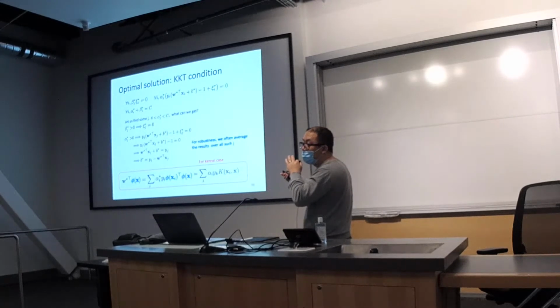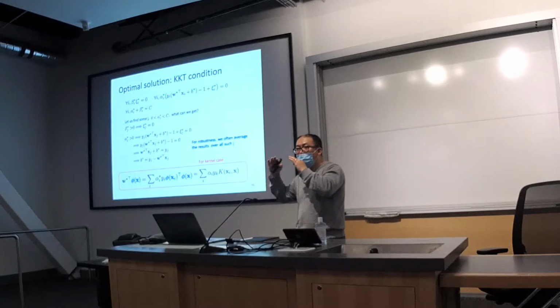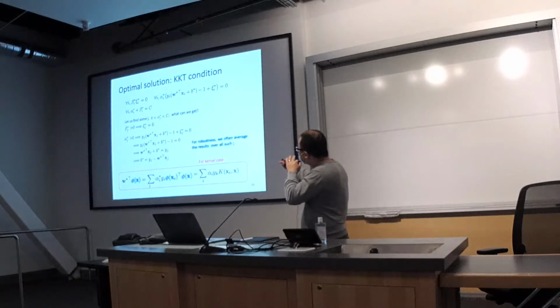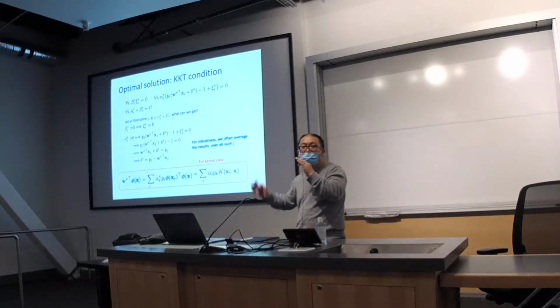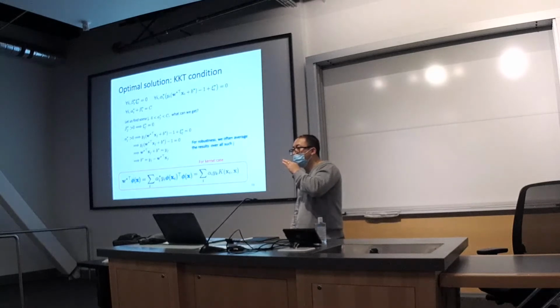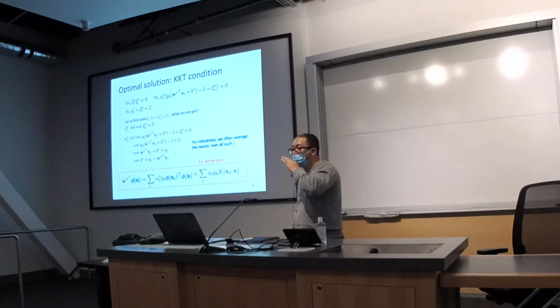The whole constraint function inside this parenthesis is strictly bigger than 0. And according to complementary slackness, this product must be 0. Then there's only one conclusion: alpha_i star must be 0. So that explains why all the points which stay strictly outside the margin will be non-support vectors.